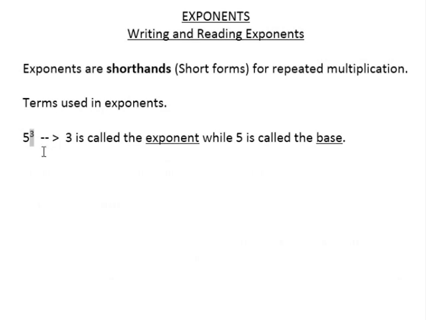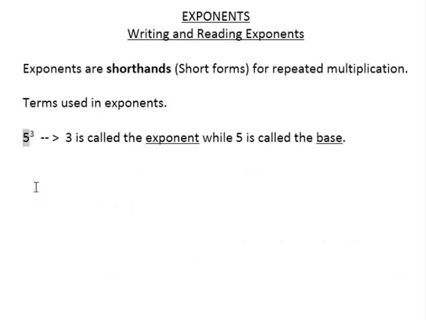This small number 3 is called the exponent, while this 5 is called the base. So this number is called base and this one is called exponent. I hope you know now which number shows the exponent and which number shows the base.